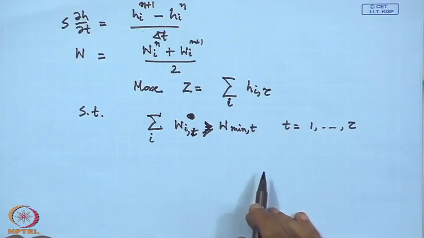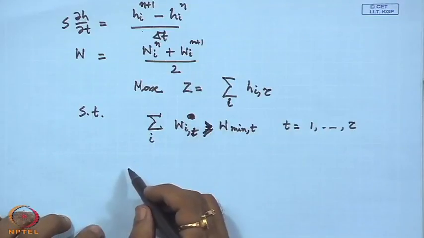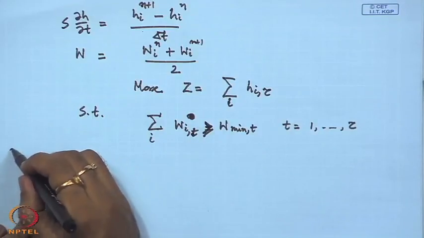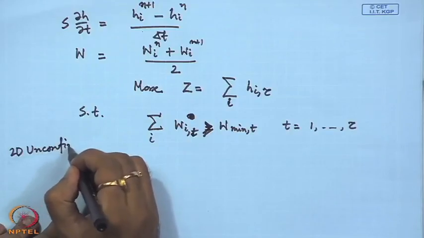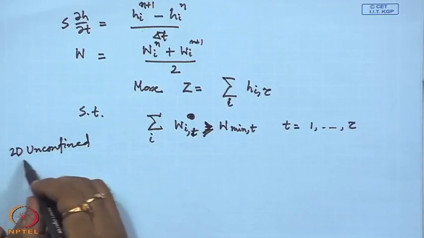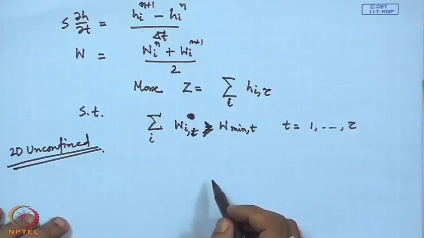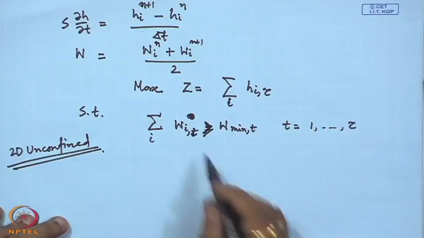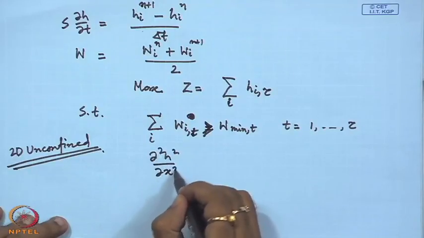Finally, if we have a 2D unconfined aquifer situation, then we have the equation like this.